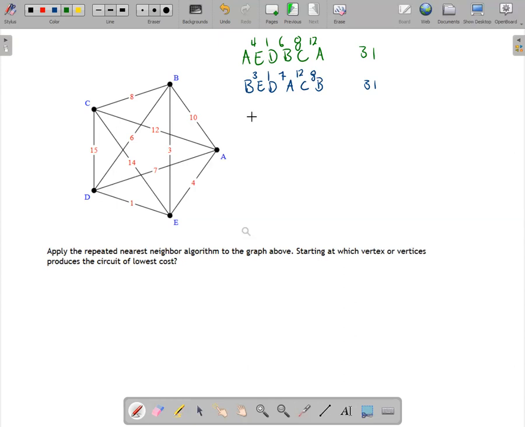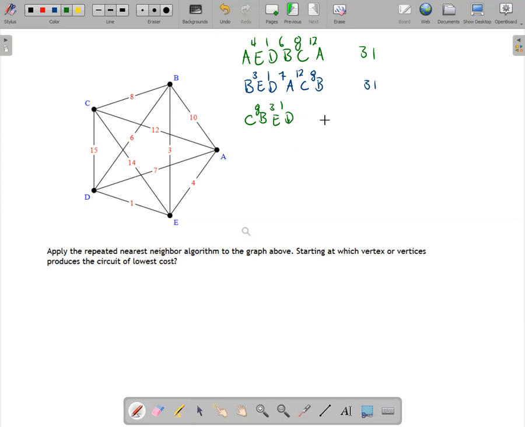This time we'll start at C. From C, the cheapest thing to do would be to go to B for 8. From B, the 3 seems cheapest to E. From E to D, we love that 1. And I'm getting close to the end. I only have, let's see, what haven't I done?